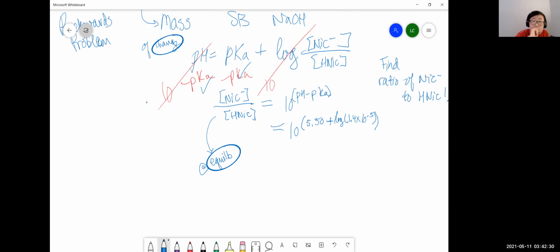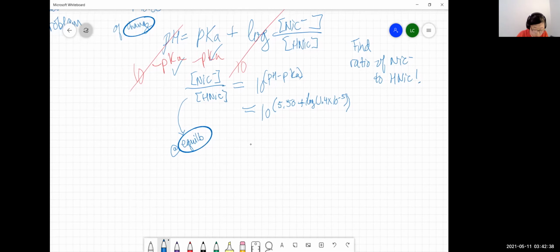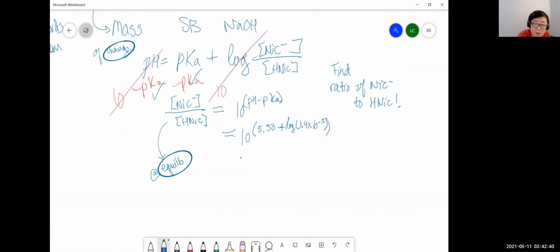And so we remember that from the ice table, Nic minus at equilibrium equals the Nic minus initially. So I'm going to put a knot here. It's initially plus X. So we need to use Le Chatelier's principle once again.